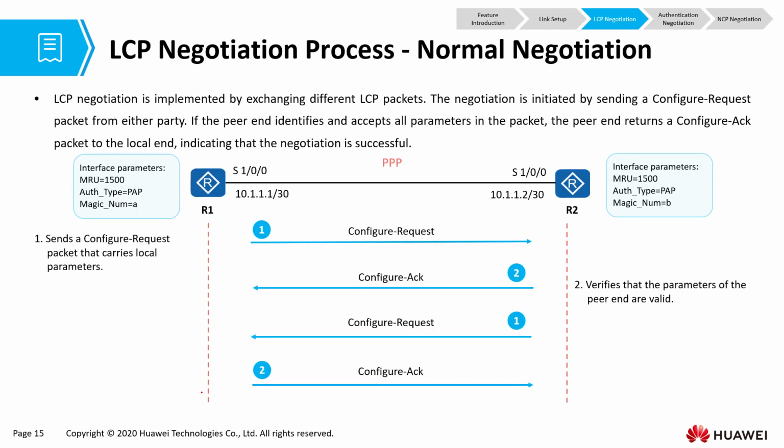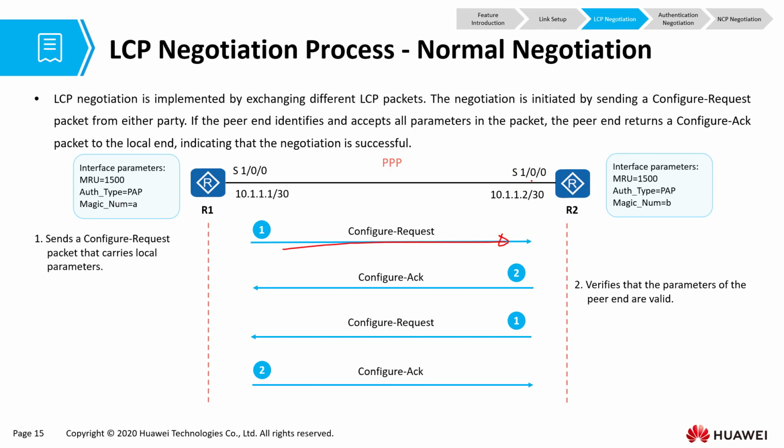In a normal negotiation, we exchange just the configure request and the configure acknowledge. In our example, R1 and R2 are connected through a serial link, and they are running the point-to-point protocol. After the physical link becomes available, R1 and R2 are going to use link control protocol to negotiate link parameters. Now, in our example on this slide, R1 sends a configure request packet.